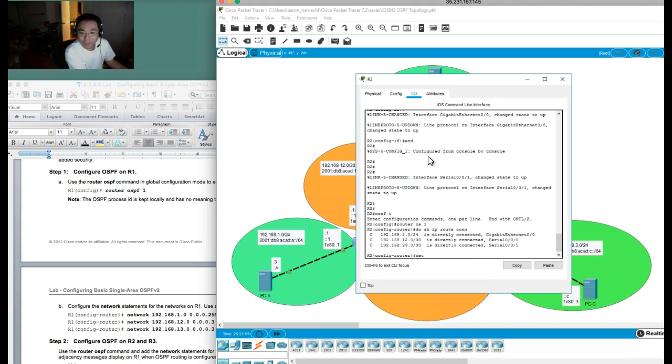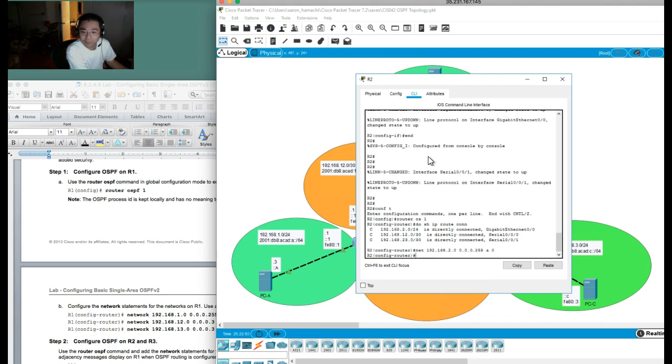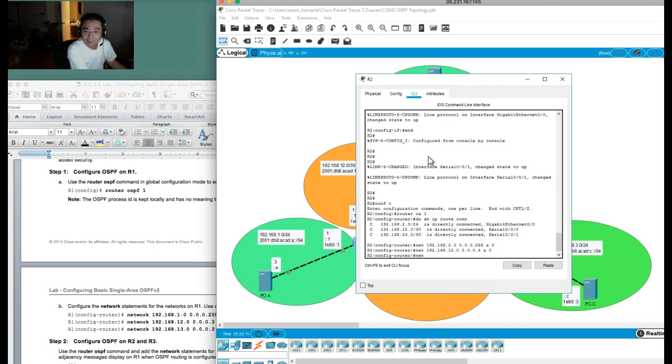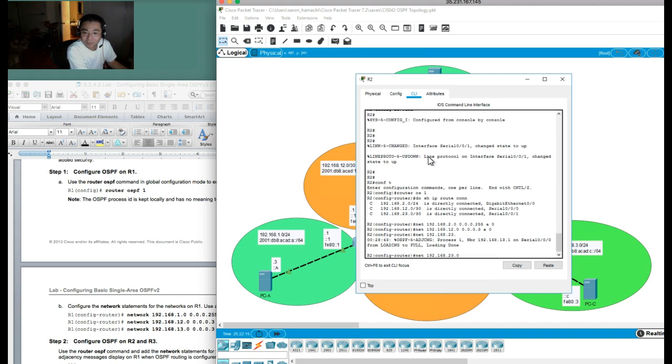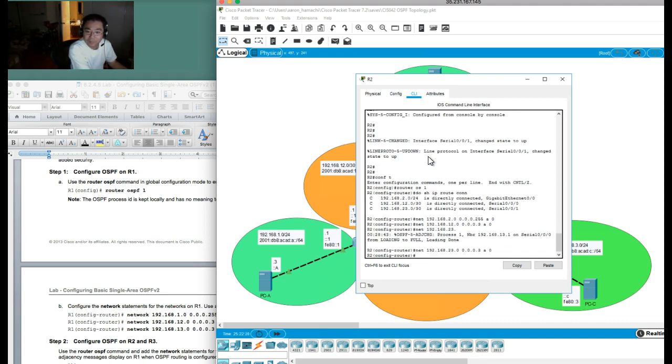So we want to advertise network 192.168.2.0 into area 0, 192.168.1.2.0, and net 192.168.2.3.0. Okay.